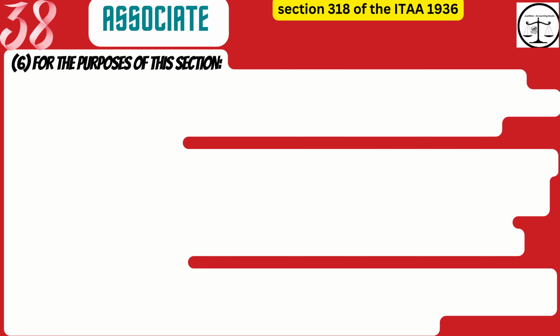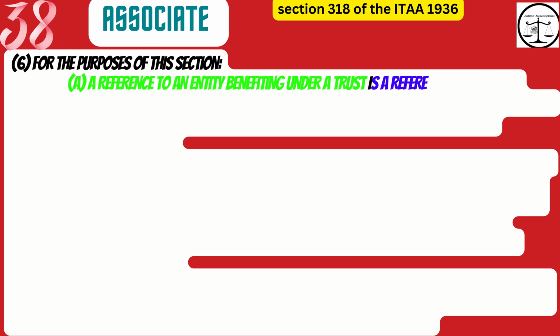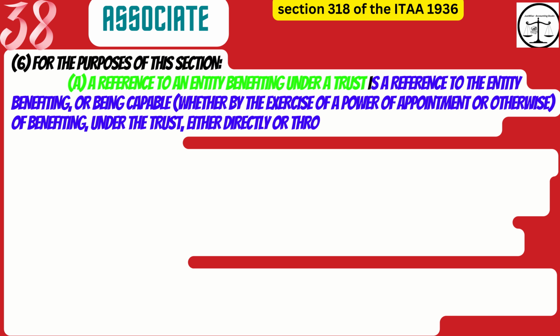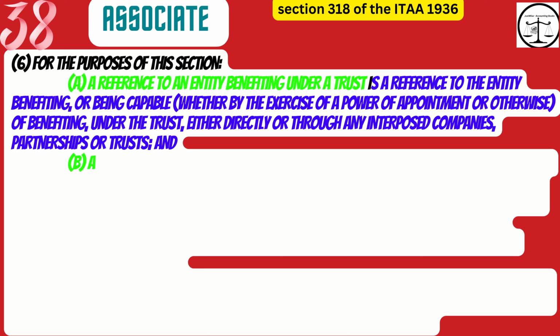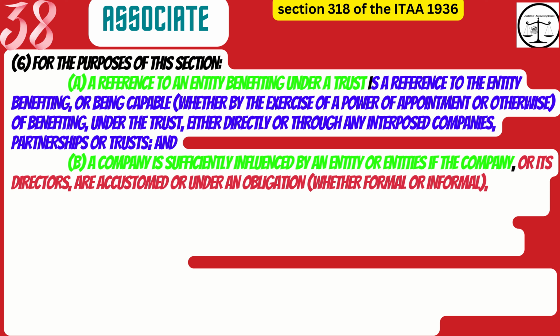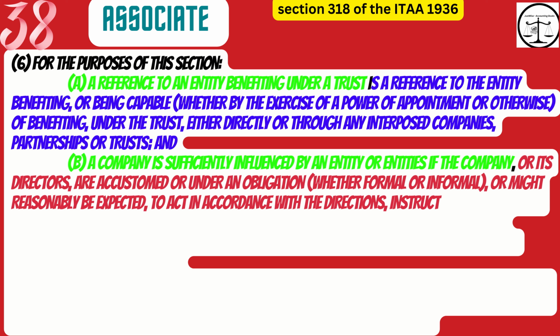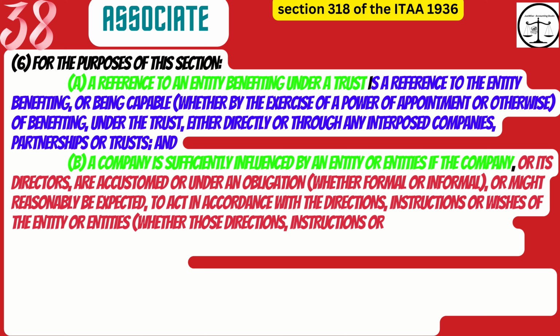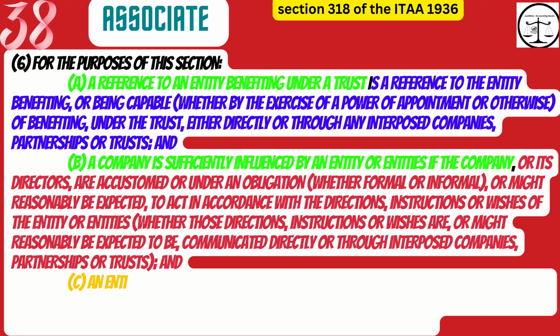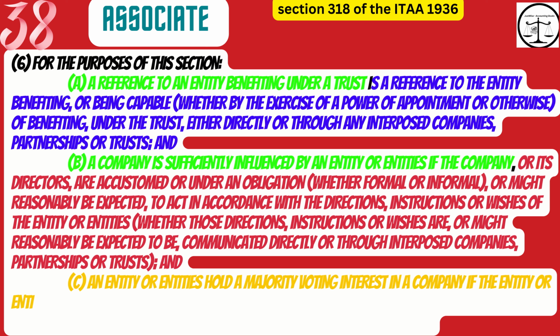6. For the purposes of this section: a. A reference to an entity benefiting under a trust is a reference to the entity benefiting, or being capable, whether by the exercise of a power of appointment or otherwise, of benefiting, under the trust, either directly or through any interposed companies, partnerships or trusts. And b.